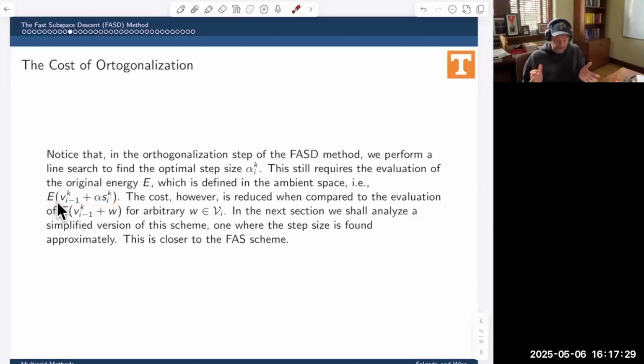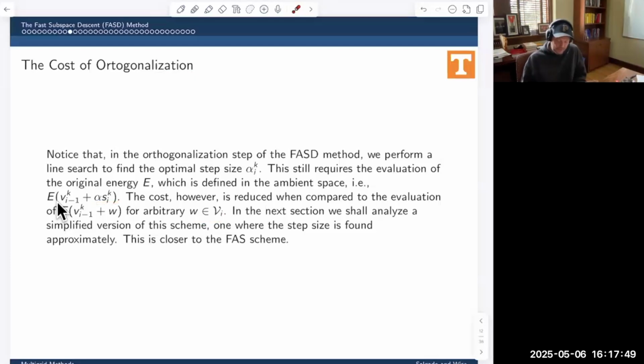In fact, it's an energy section involving the original energy, which can be expensive. But the nice thing is it's only along one dimension. So it's not as costly as SSO, where you're minimizing along a full subspace. So we're only minimizing along one dimension.